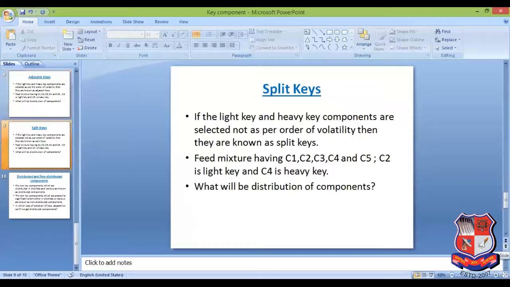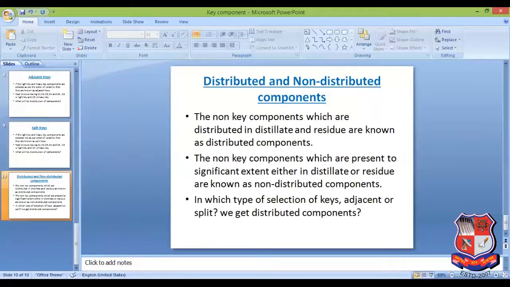Now in case of split key, C2 and C4, the light key and heavy key, are present in distillate and residue, but C3, the component which is in between with volatility between C2 and C4, will be distributed between distillate and residue. So C3 is not my key component, but still it is distributed in residue and distillate. So this is known as my distributed component, whereas C1 and C5 will be my non-distributed components.